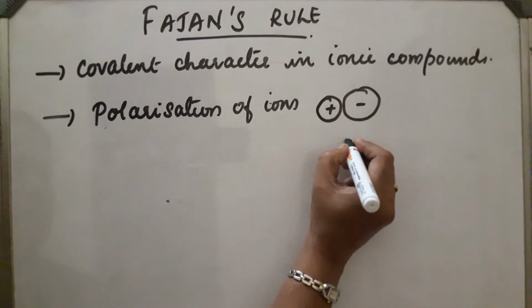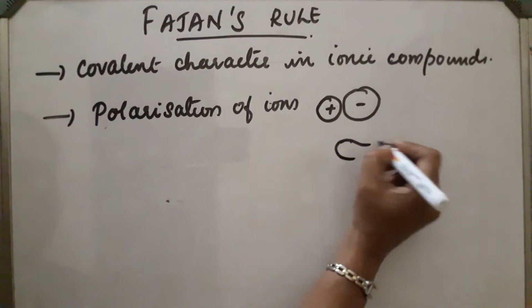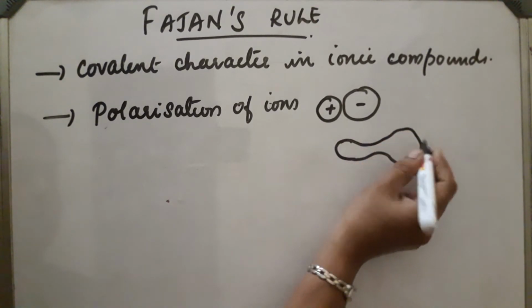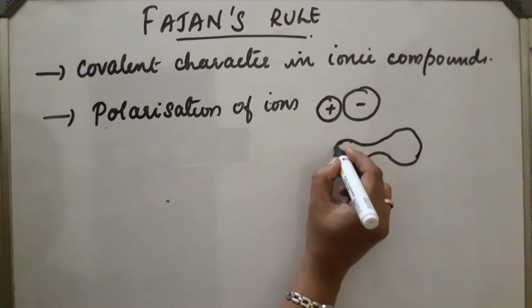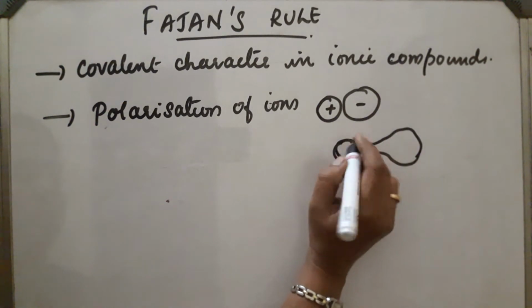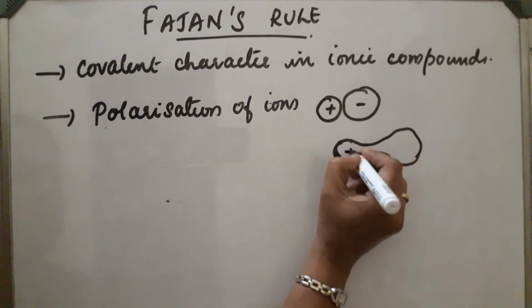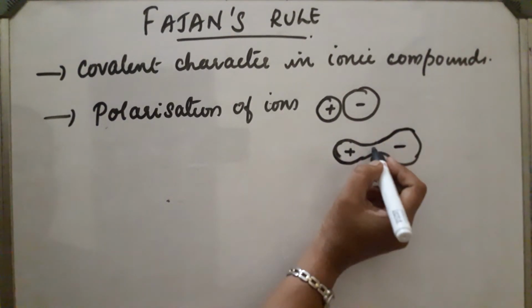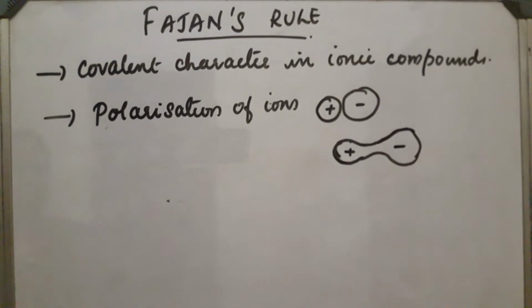We can represent this like this. A high degree of electron cloud is developed in between the positive cation and negative anion.